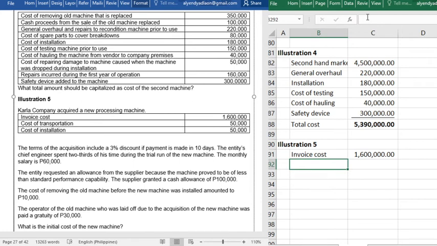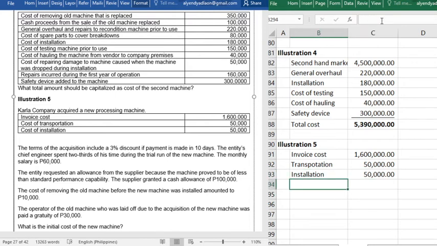We have the cost of transportation, of course, that is being added. Cost of transportation amounting to 50,000. And then, of course, the cost of installation, that is again 50,000.